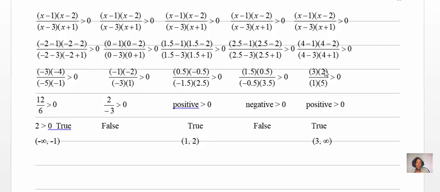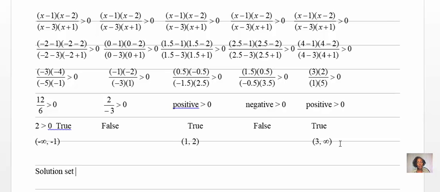So I've written down the intervals where the test value made the inequality true. The union of these intervals is actually my solution set.